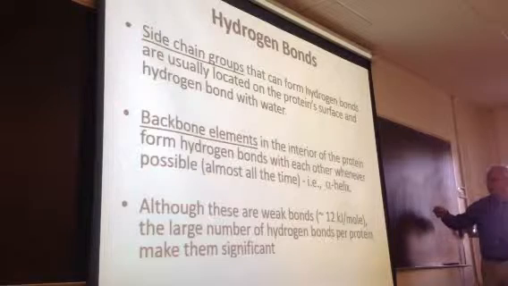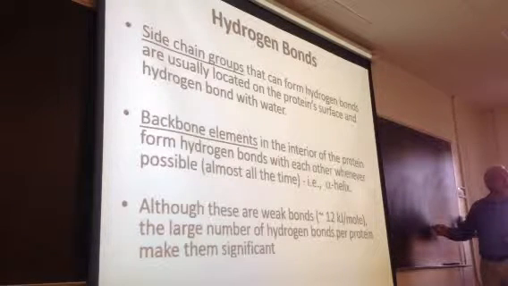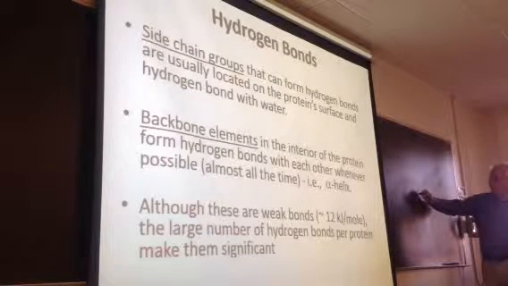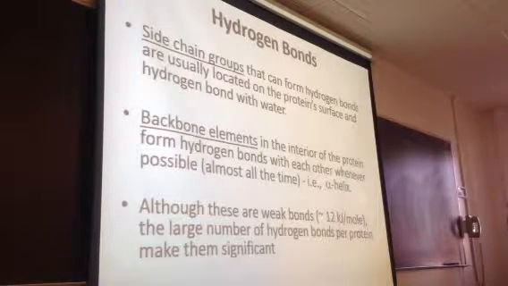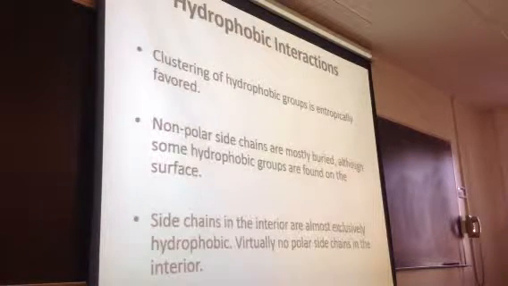So the rule is these guys have to be hydrogen bonded to each other in beta structures or alpha helix so that you mask the polarity in the center. Again, the side chains in the interior are almost exclusively hydrophobic.